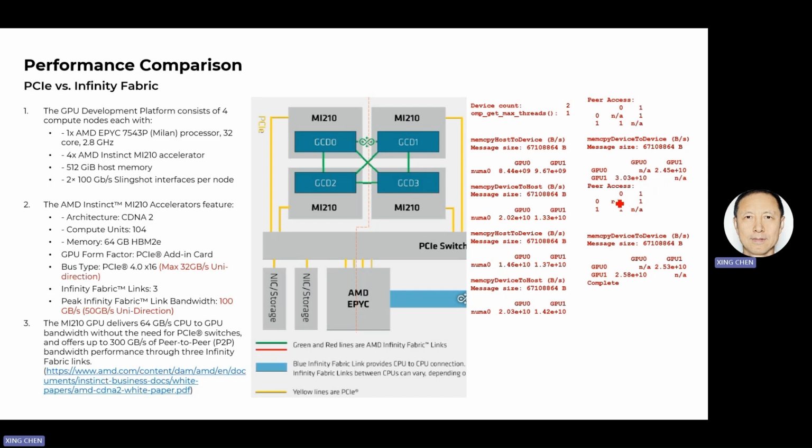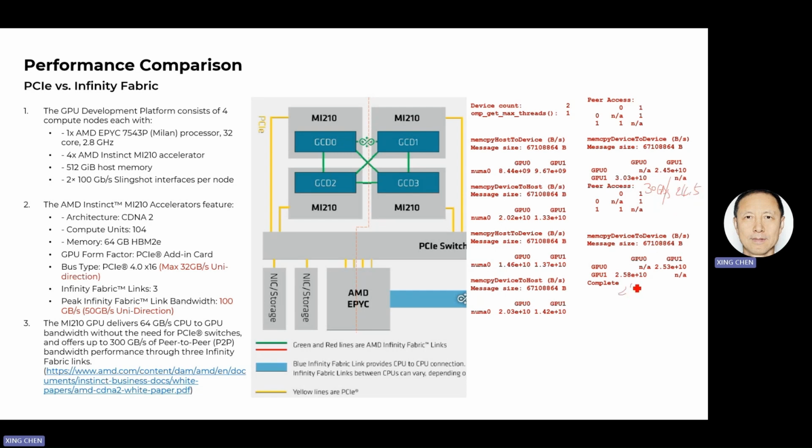We are going to measure the bandwidth from GPU 0 to GPU 1, and then from GPU 1 to GPU 0. What we can see here is that the first bandwidth we have is 30 gigabytes per second. And then the second one is 24.5 gigabytes per second.